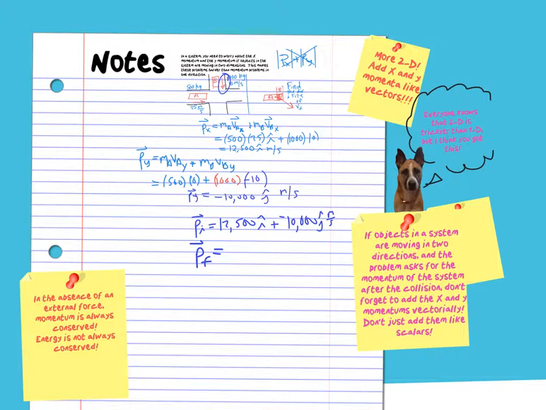We need to find the final velocity, the magnitude and the direction of it. Well, I do know that my final momentum is equal to mass times the final velocity, don't I? I do. So let's put the numbers in that we know.